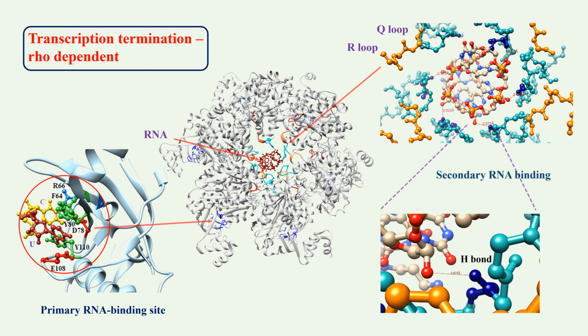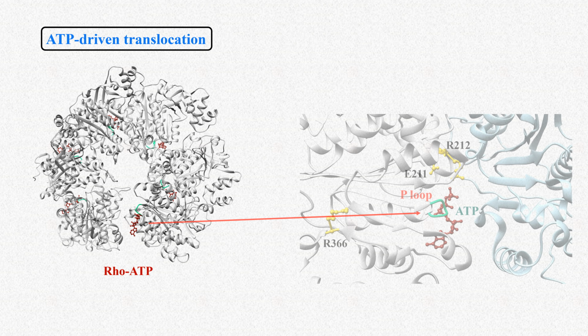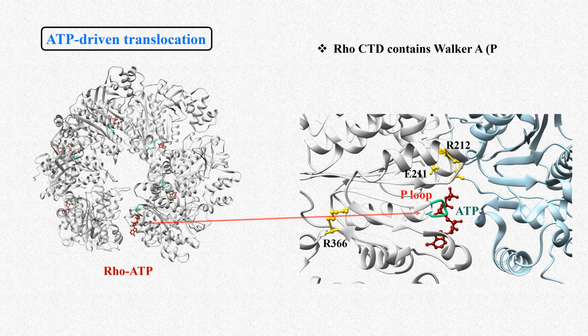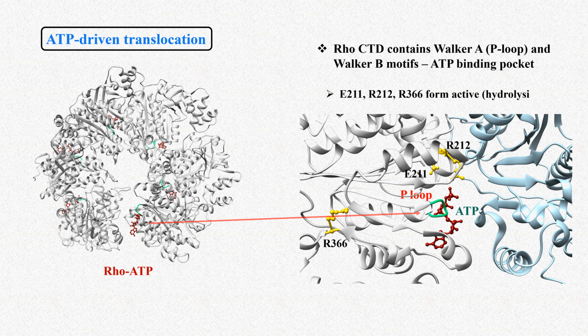So, secondary binding is specific to RNA. The Rho CTD also contains Walker A and B motifs, including the P loop, that create the ATP binding pocket. A glutamate residue and two arginine residues form the active ATP hydrolysis site.